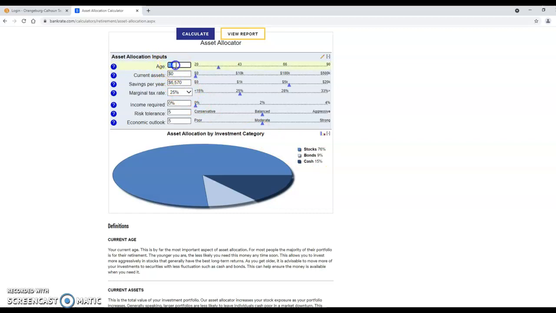Now, if I change the age to 67, by this time, if you were to use your time value of money and put in $65.70 a year for the entire time, we can get the exact number.